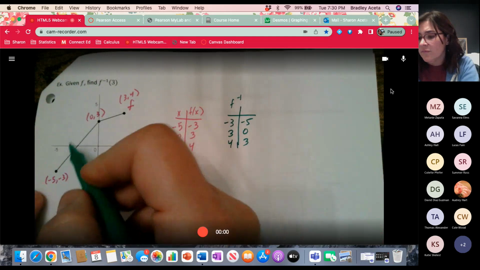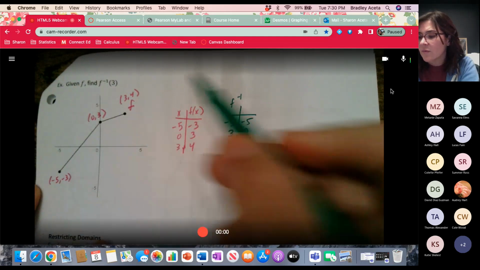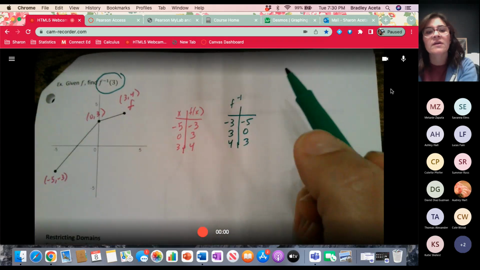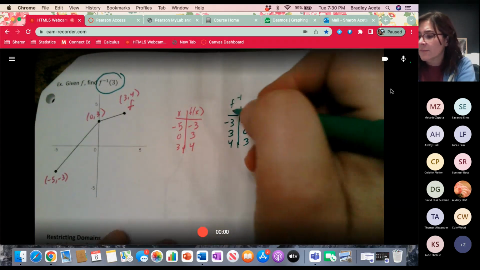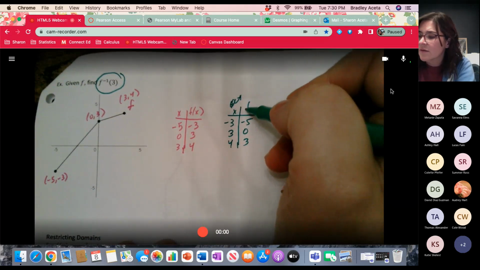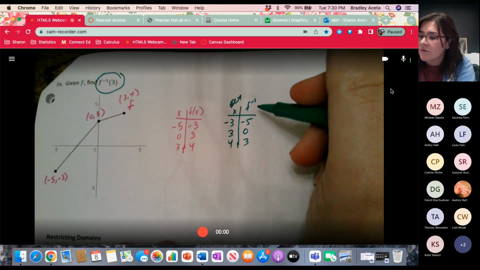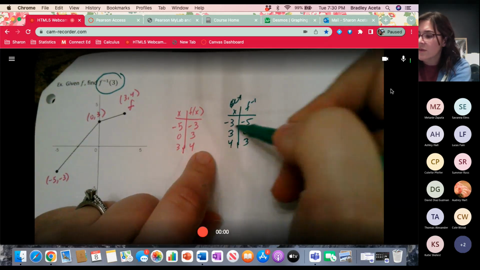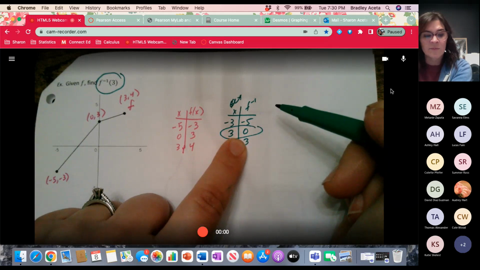And you can graph it if you want to, but we're asked to find the inverse when x is 3. This is my x. Sorry, this is my inverse of x. So when x is 3, my answer would be 0.